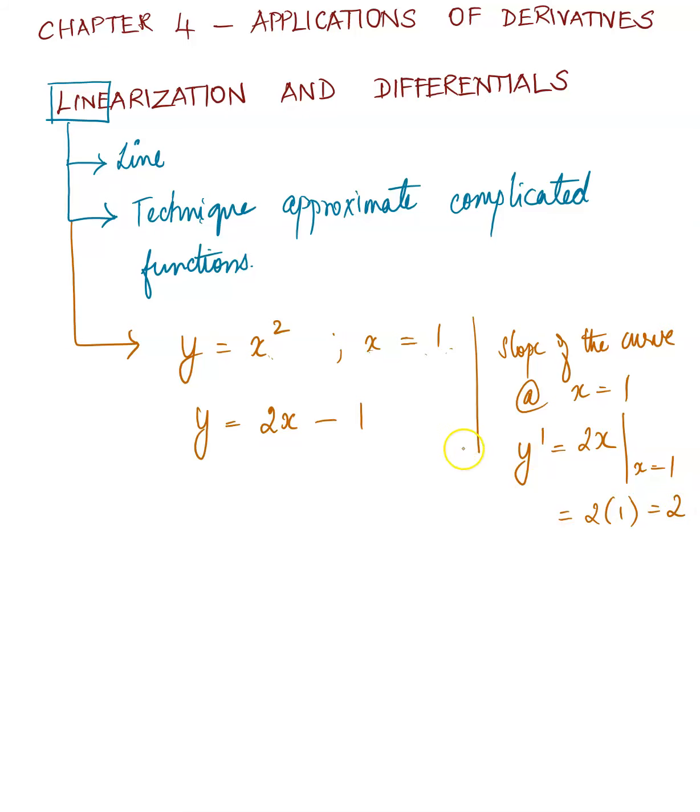So you have the slope, and then the point: when x equals 1, y is equal to 1 squared, which is also 1. So 1 comma 1 will be your point. So if you use the point and the slope to get your point slope form, that gives you the equation of the tangent line.